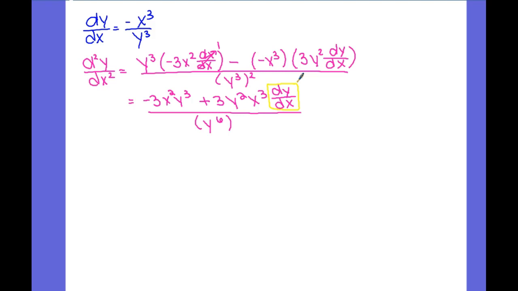And there's really not a good way to isolate it. But what do we know about dy/dx? Yeah, we know what it equals. So we're going to replace this with that.